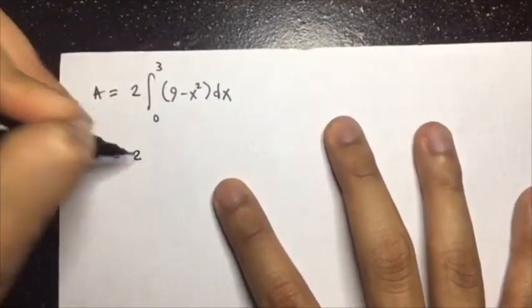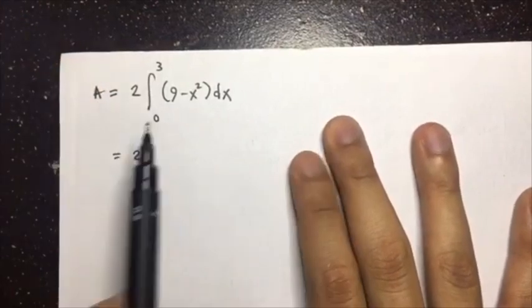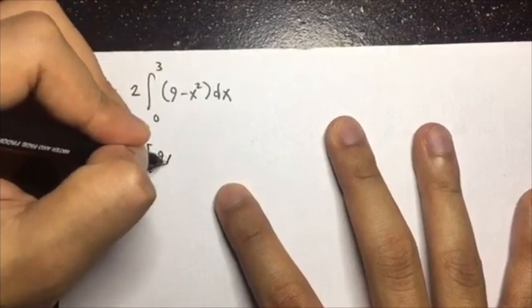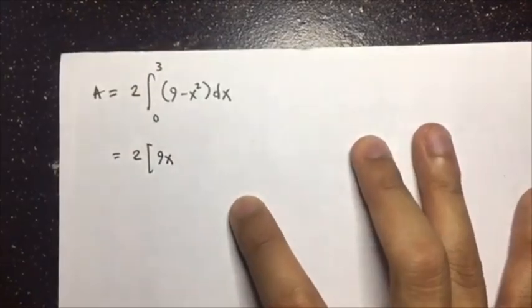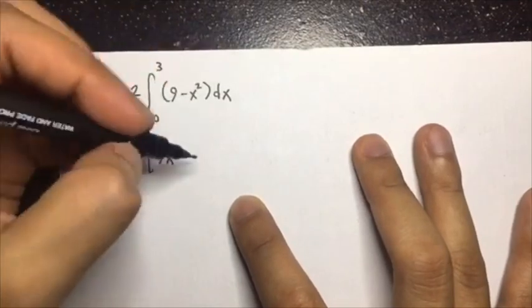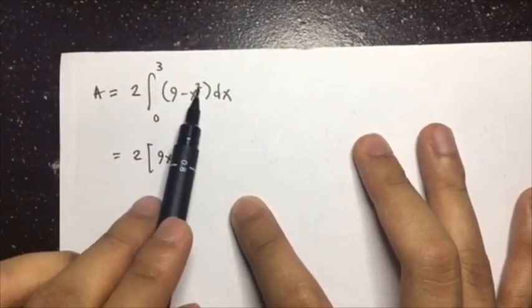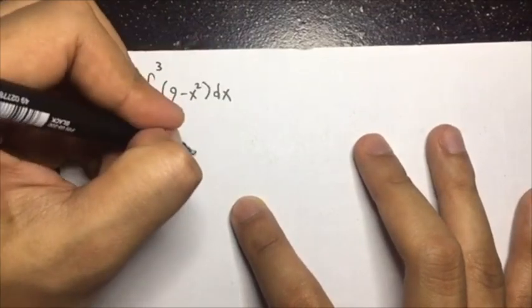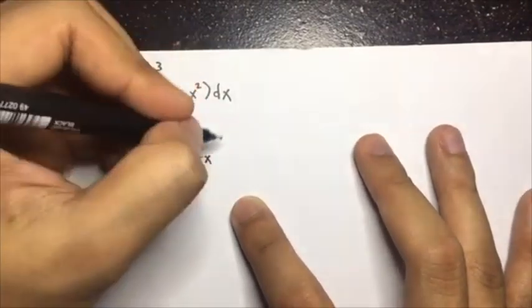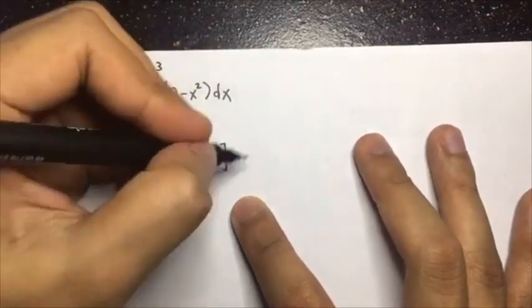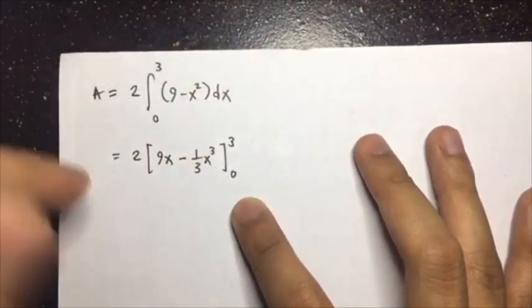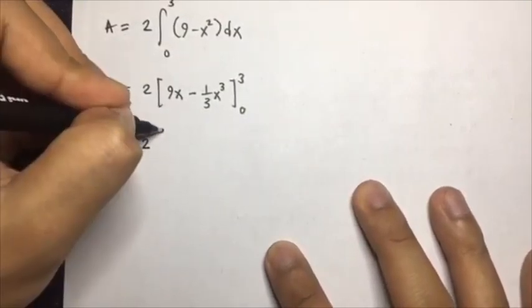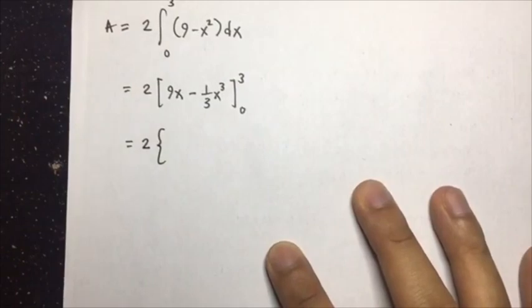This will become 2, and then the integral of 9 dx is 9x, minus the integral of x squared, which is x cubed over 3, or 1/3 x cubed, from 0 to 3.